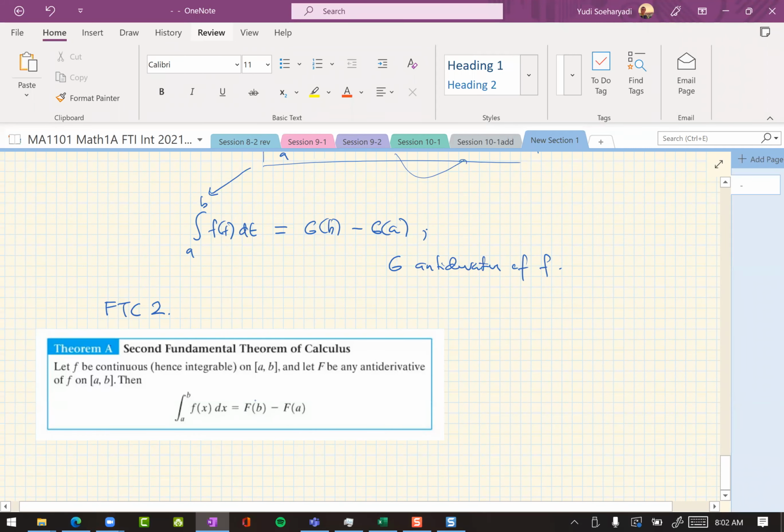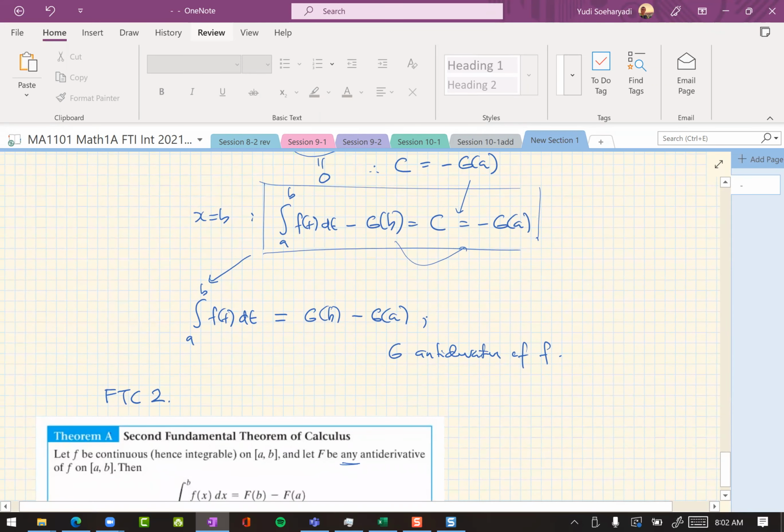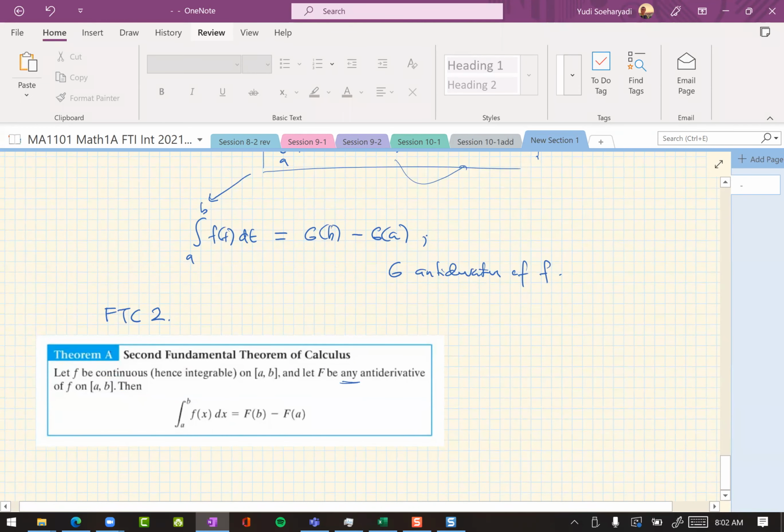Any antiderivative. Then you substitute B and A, find the difference. Okay. So in fact, the fundamental theorem of calculus first and second are actually equivalent, so they are the same.